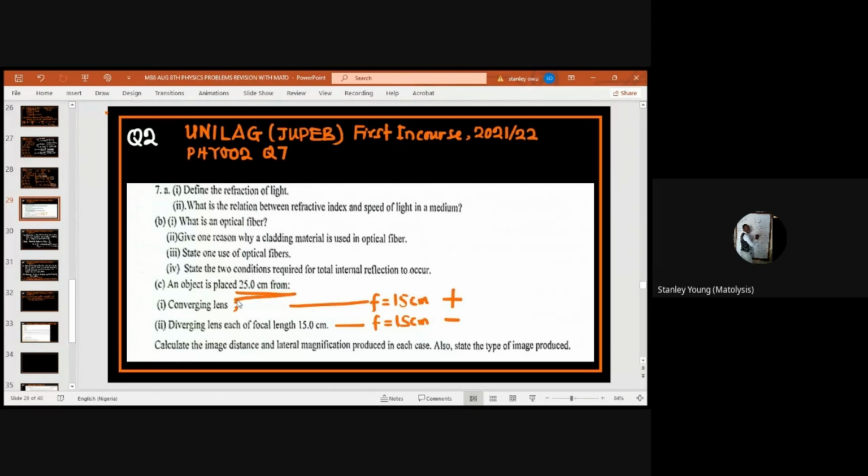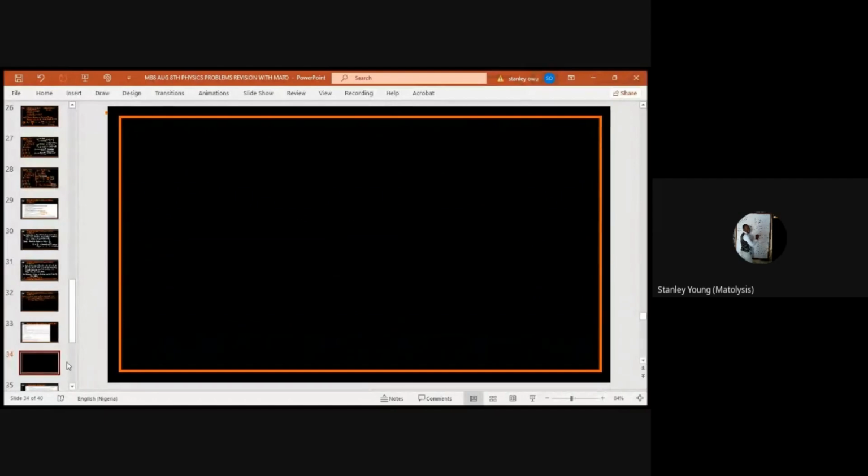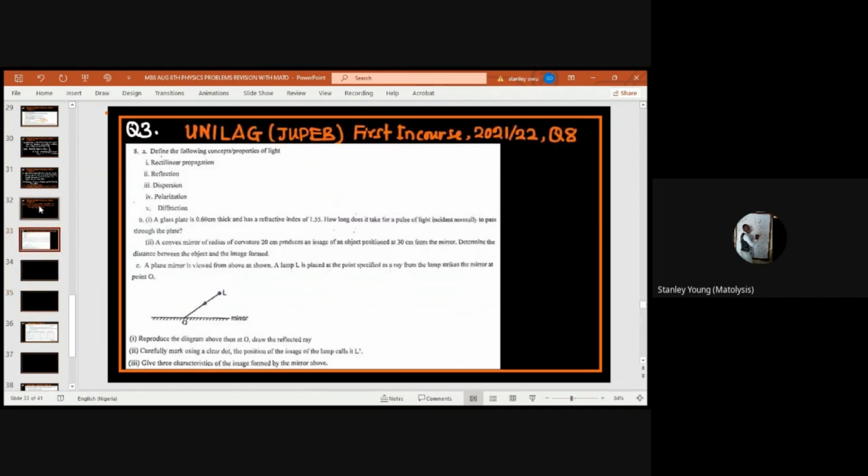It says placed 25 centimeters from the lens, which means U is given as 25 centimeters. So we'll just go ahead and use the formula. Okay, so the formula, where is it again? Sorry.